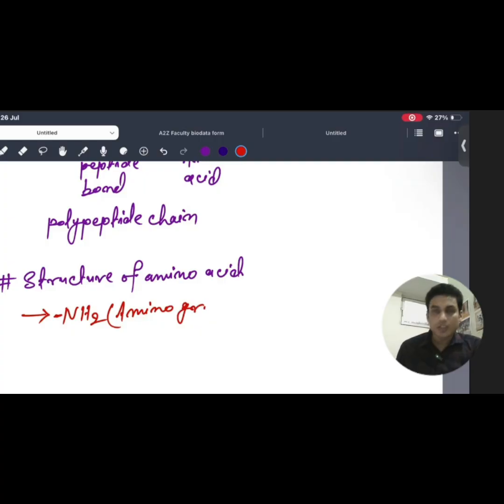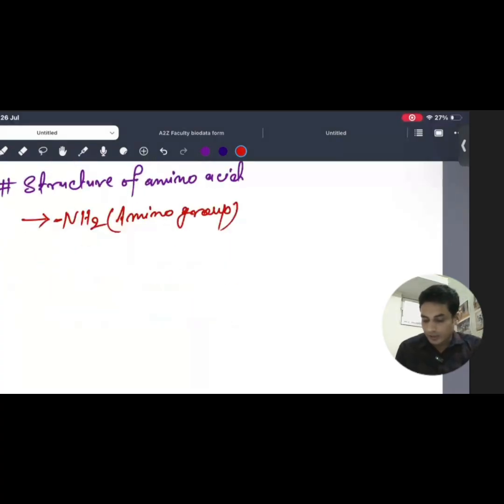The other group present in amino acid is the carboxylic group, COOH. COOH is known as the carboxylic group. The other group is hydrogen; H means hydrogen.